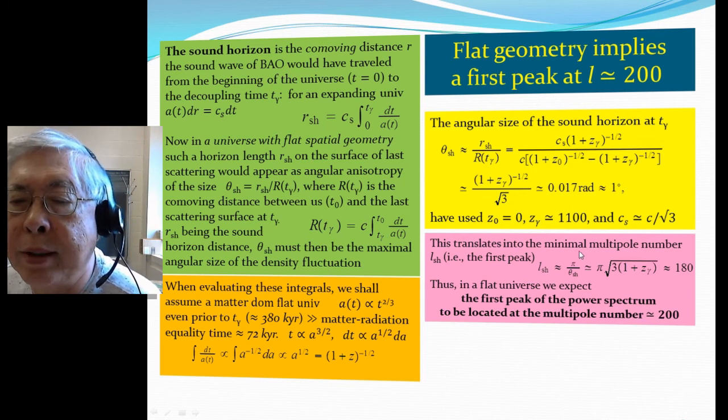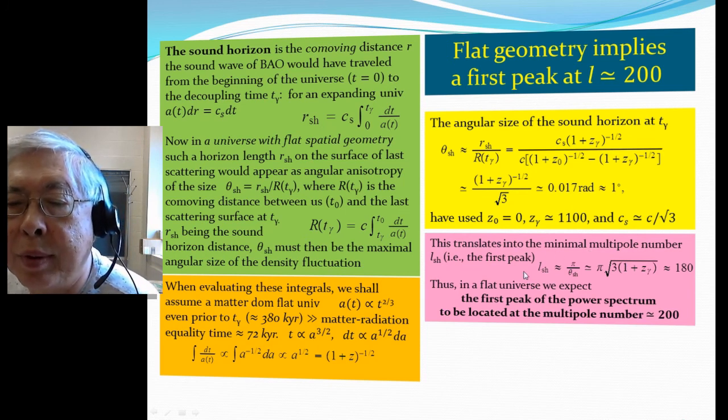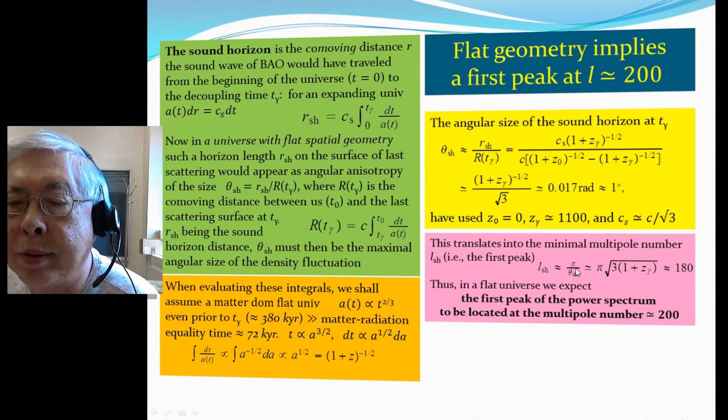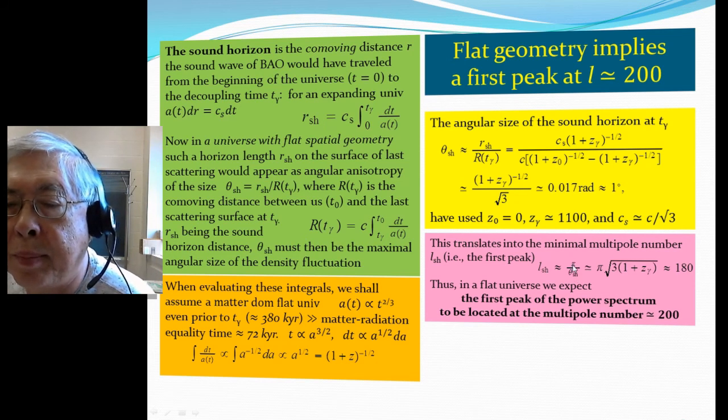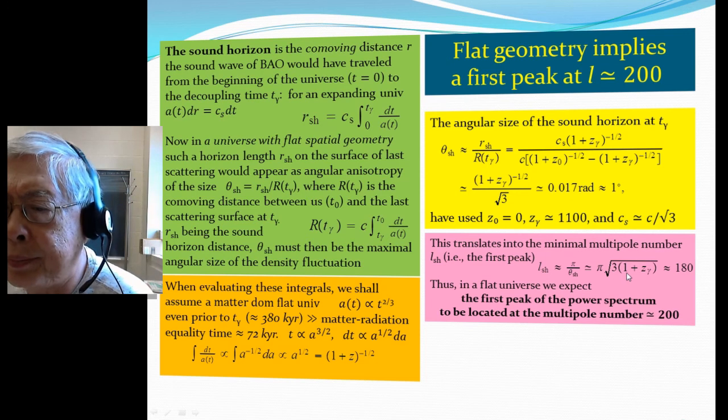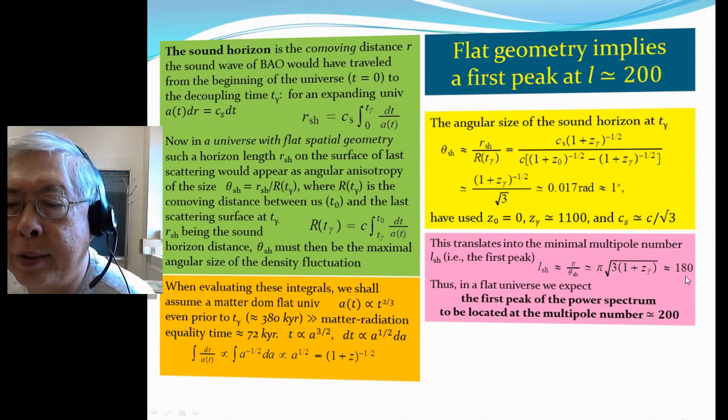This 1 degree translates into the multipole number, because remember we said that for large Legendre polynomials, the l number relates to pi divided by the corresponding angle of the peak. So if we put this result in here, you get pi over the angle, which is pi over 180.